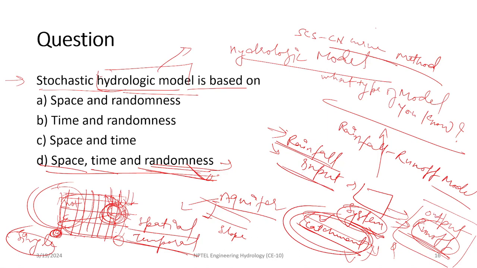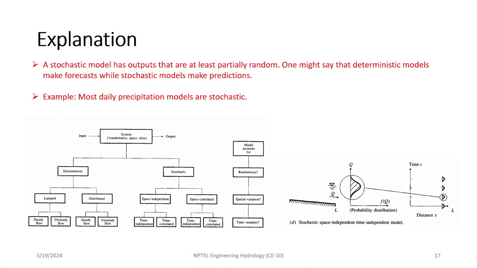When we are giving the input, uncertainty was there, errors are there, and now we are getting a changed value. So you can see here, a stochastic model has outputs that are at least partially random. That means definitely there is randomness. One might say that deterministic models make forecasts while stochastic models make predictions.